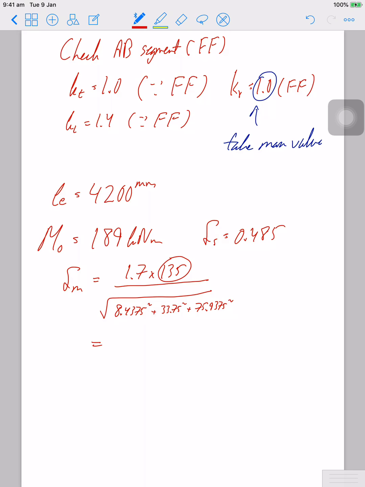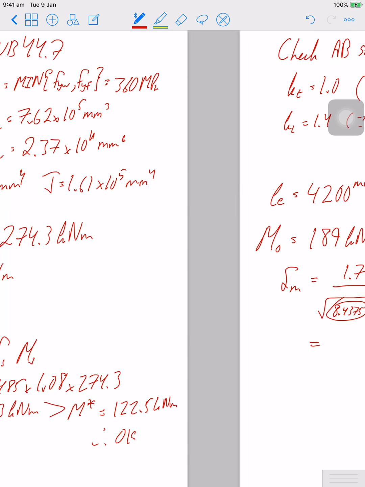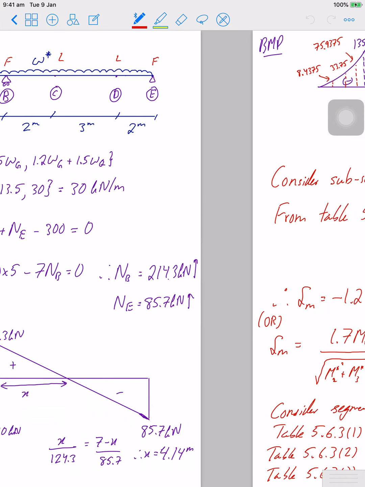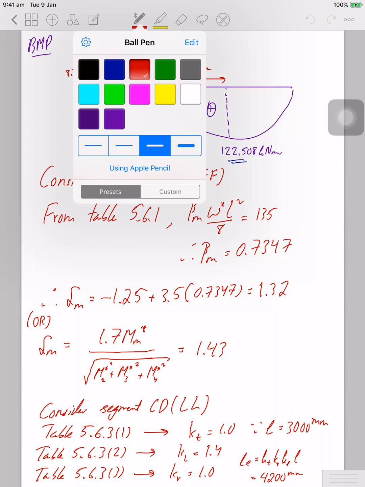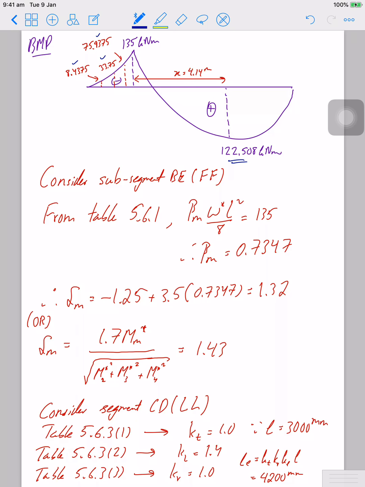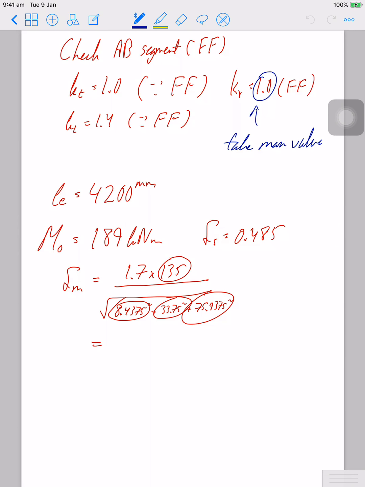These values are actually coming from here. They're these guys. So should come out to be 2.75. Remember, our maximum alpha_m value is 2.5. Therefore, set alpha_m to 2.5.